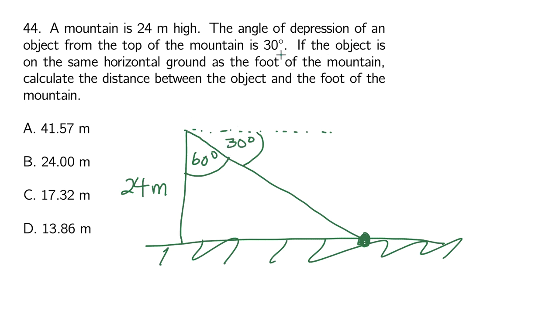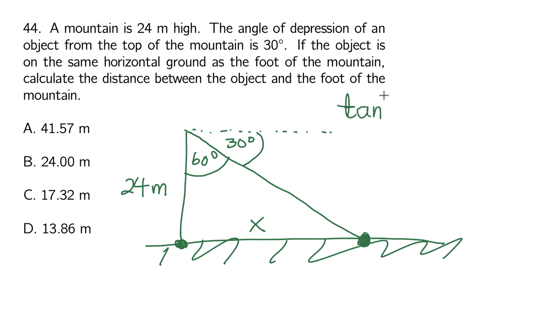Now, if the object is on the same horizontal ground as the foot of the mountain, which is this, calculate the distance between the object and the foot of the mountain. So this is the foot of the mountain, and that is the object. So we want this distance, call it x. Now we can find the tangent of this angle, 60 degrees.